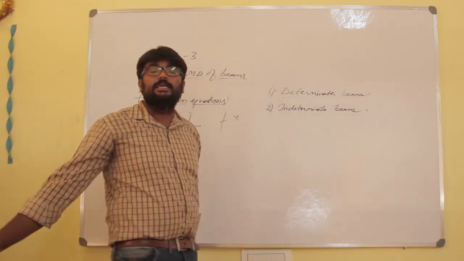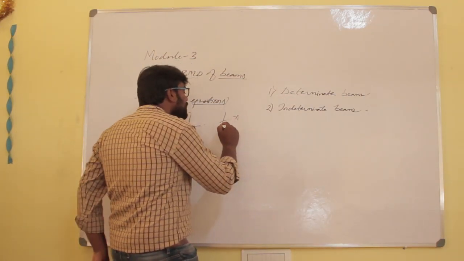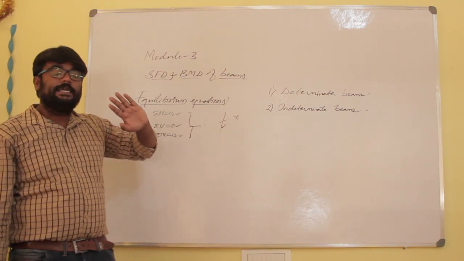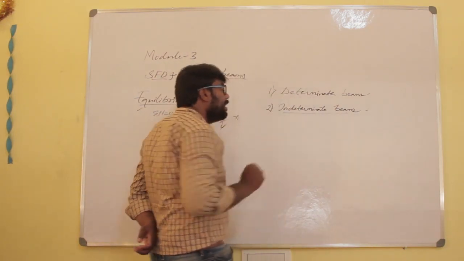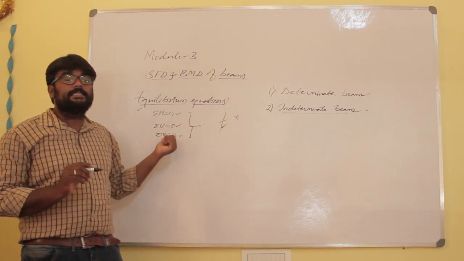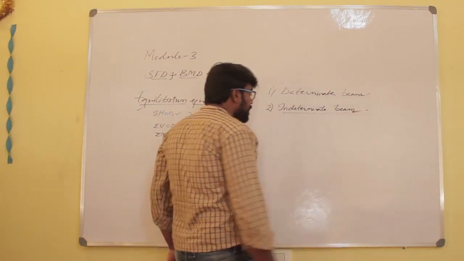Those beams which cannot be analyzed by using equilibrium equations alone are called indeterminate beams. That doesn't mean that we cannot analyze them. We can analyze them by using an additional compatibility equation along with these equilibrium equations. This we will discuss in further videos.